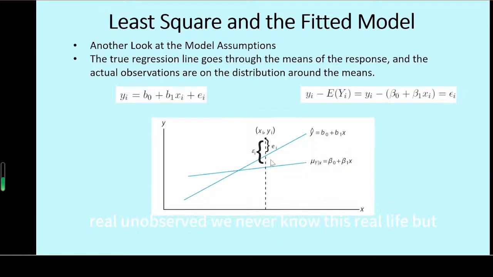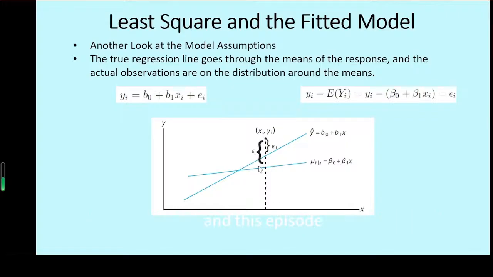We never know this real line, but actually such a line exists, and it depicts the relationship between x and y. Here is mu of y given x, which equals beta 0 plus beta 1 x. So we write these coefficients here because we never know them. Actually, we use linear regression to estimate this. But for this real line, the difference between observations and this real line is epsilon.